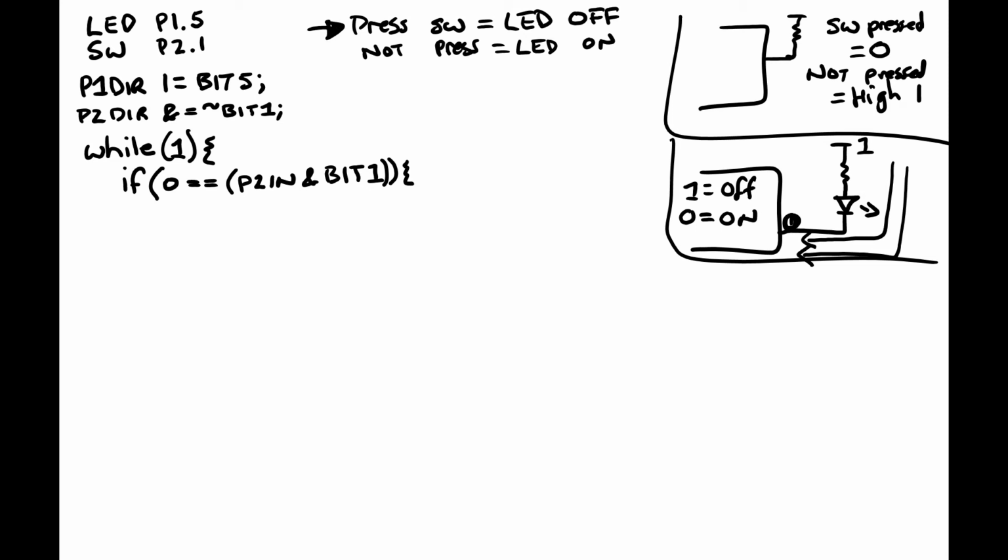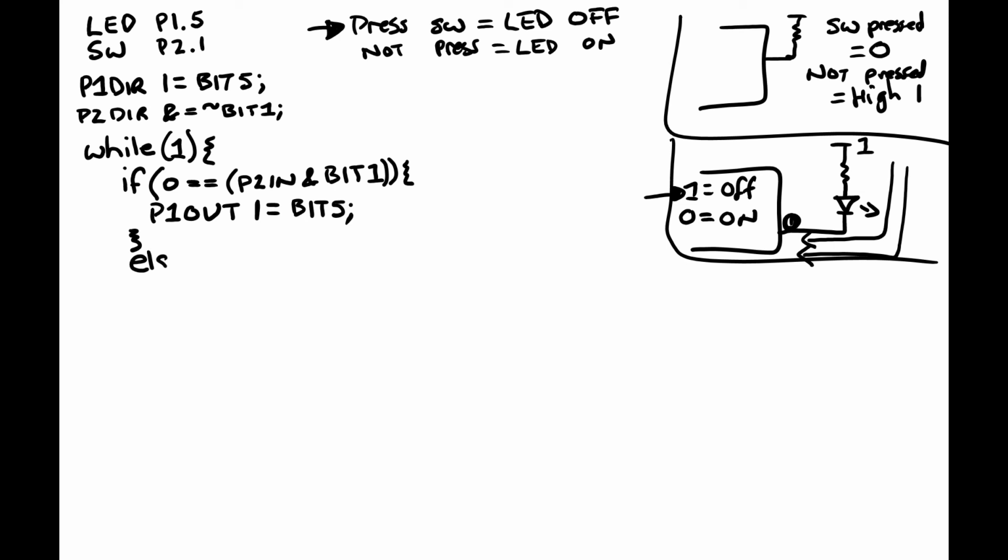The switch has been pressed, we want to turn the LED off. To turn the LED off, we need to set that pin to high. So we say P1OUT or equals bit 5.